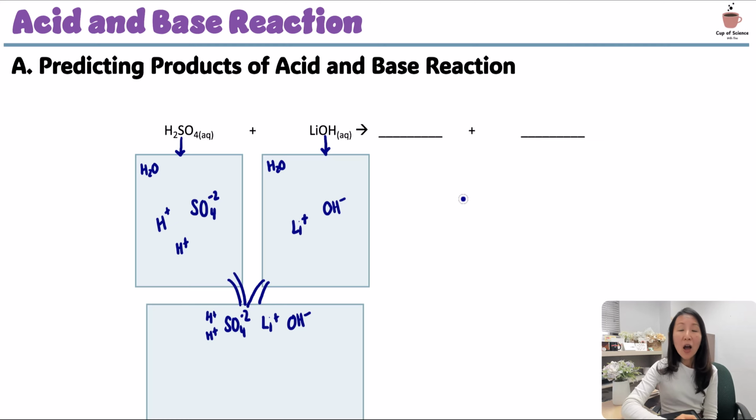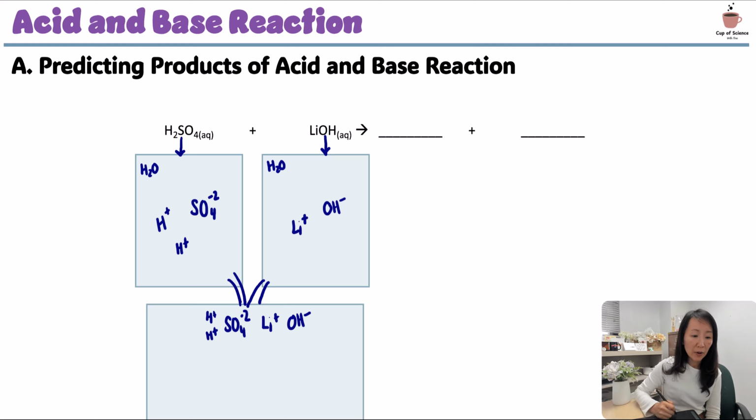What's going to happen is the hydroxide, the negatively charged component, will naturally attract the positive from the other guy, which is the H.